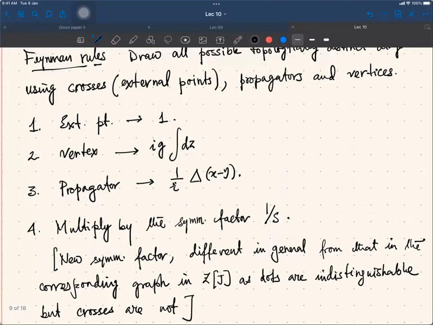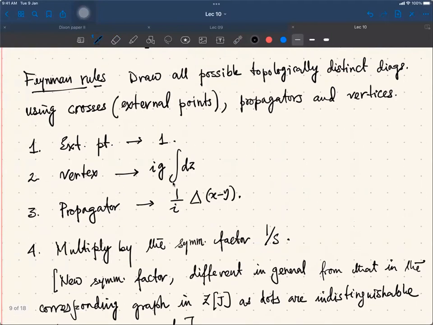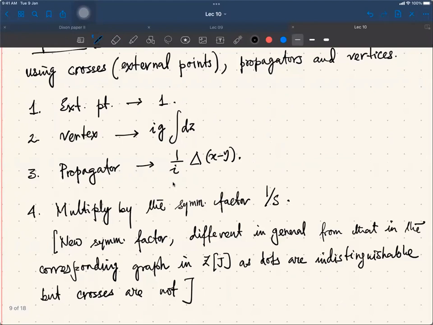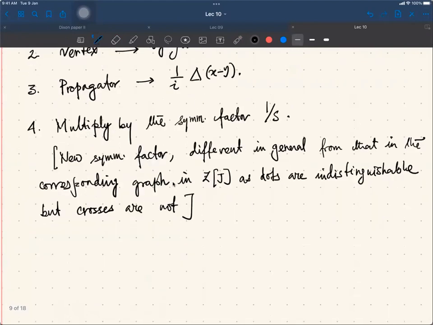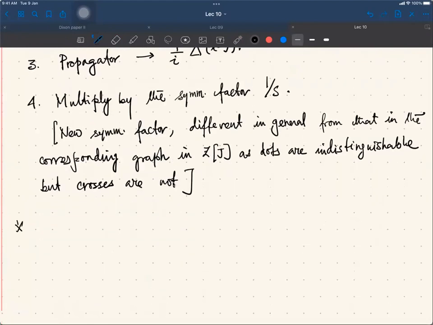So once we have this, it is straightforward, whenever you have a diagram for a Green's function, to convert that to a mathematical expression using these rules. Now let us go back to studying the diagrams again.